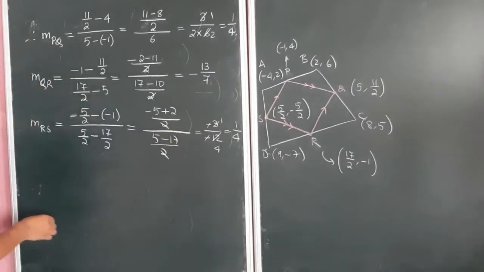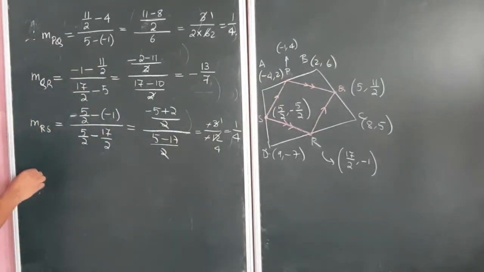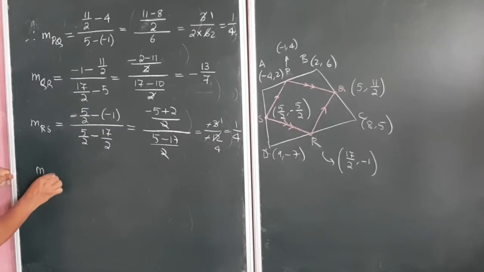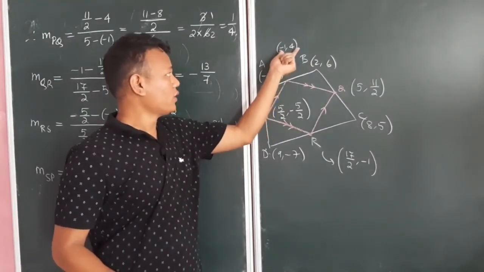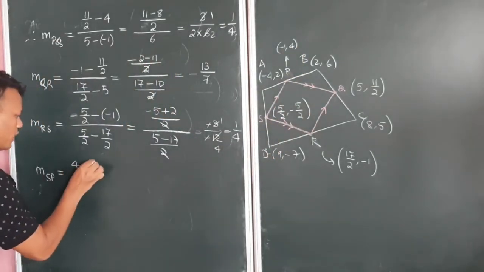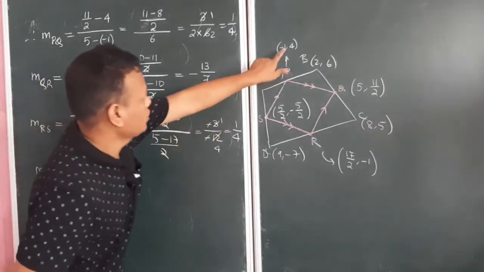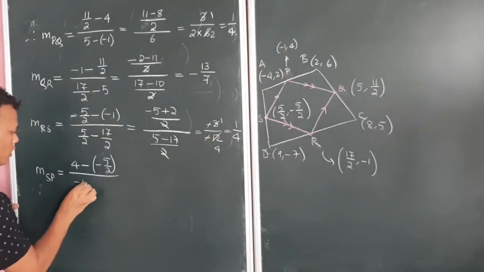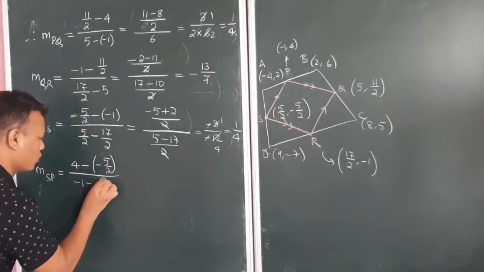Now the last one is we need to find the slope of SP, or PS. So the slope of SP will be equal to, call this x1 y1, call this x2 y2. So y2 minus y1, that is 4 minus of minus 5 by 2, divided by x2 minus x1, that is minus 1 minus 5 by 2.